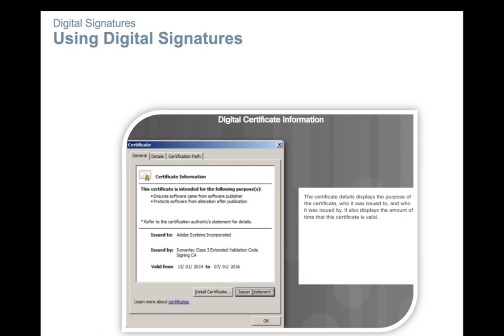For this digital certificate, the validity period is also given. If we click on this issuer statement, it gives more information. This certificate details displays the purpose of this certificate, who it was issued to and who it was issued by, and it also displays the valid period of time.